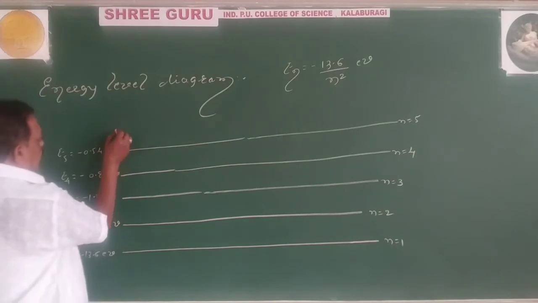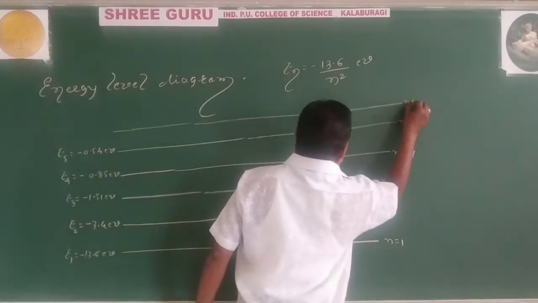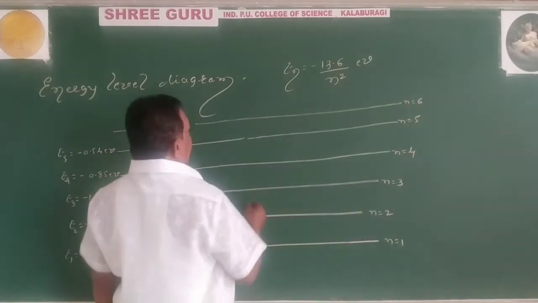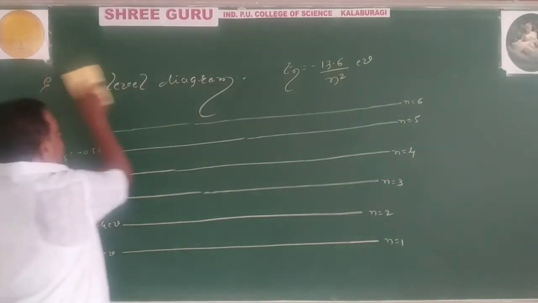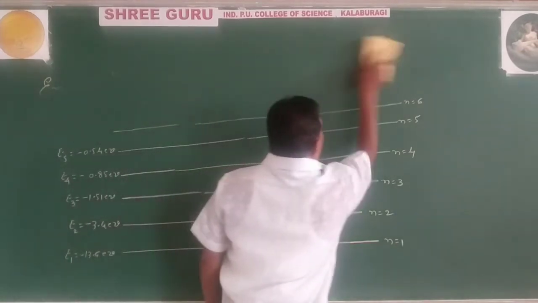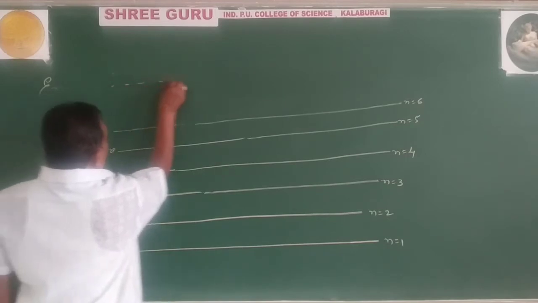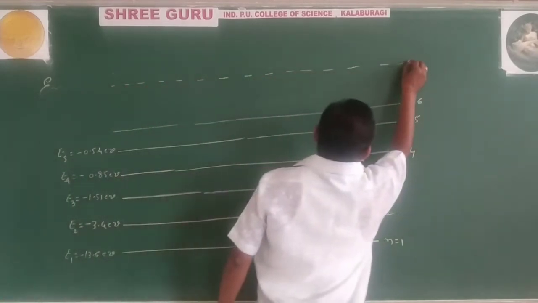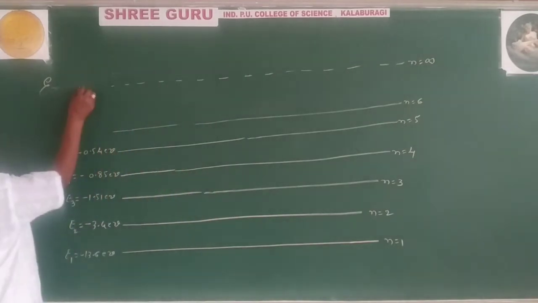Then this is n equals to 6. Last one, I go for n equals to infinity. This is n equals to infinity.